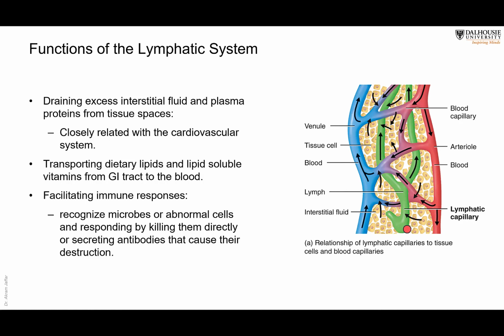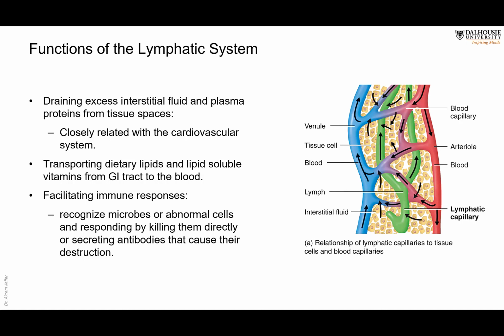They start as blind-ended because eventually they are going to drain into the blood circulation. So they don't have two ends. And then the fluid also transports dietary lipids, as I mentioned, because they are large molecules, cannot be transported from the gastrointestinal tract, and they facilitate immune reactions, as we will see in the lymph node.